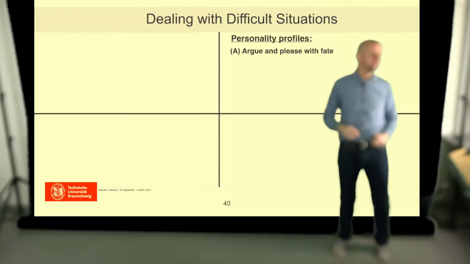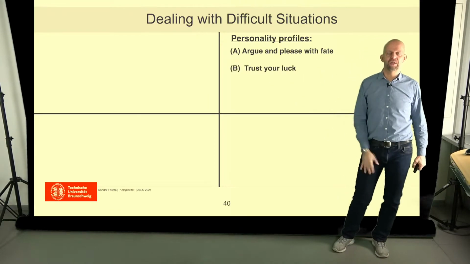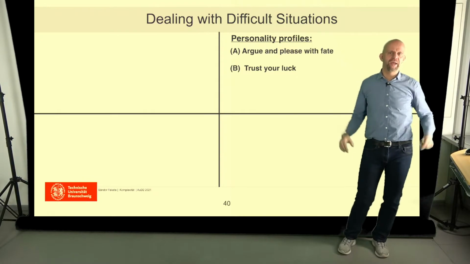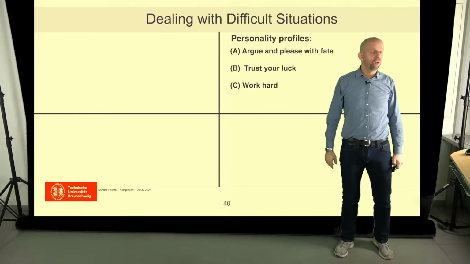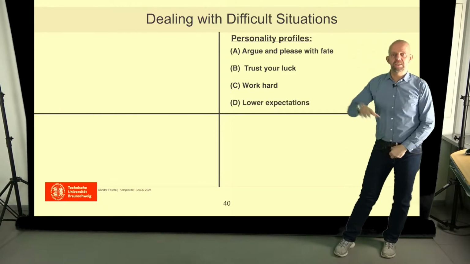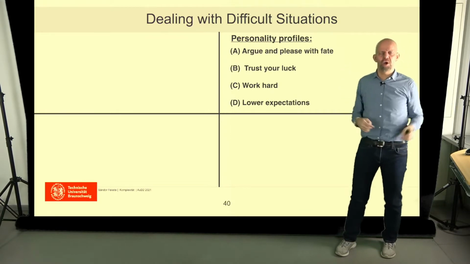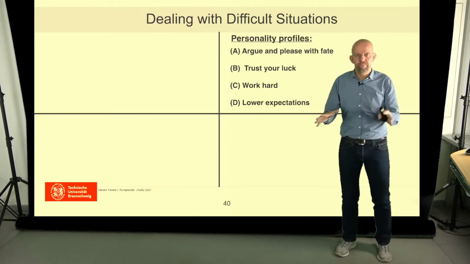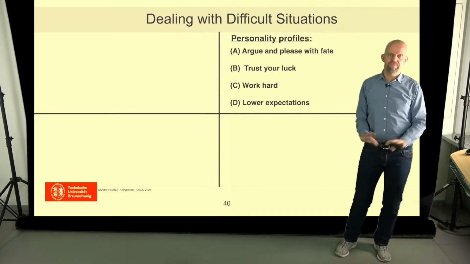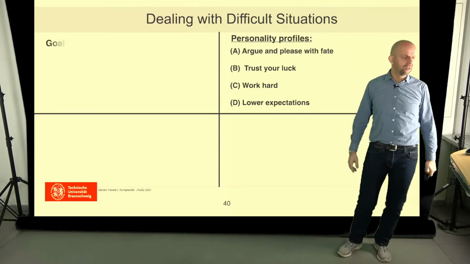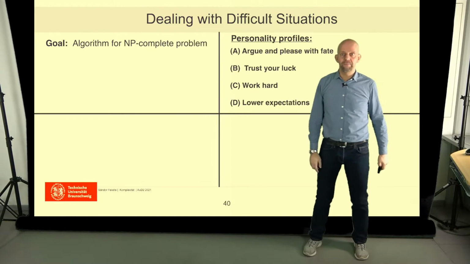Or you could trust your luck, it'll be okay, everything will be fine. Or try to work hard, or lower your expectations. Put your head down and deal with that. Or you say, okay, well, maybe not everything. This can be translated to dealing with this in an algorithmic setting.